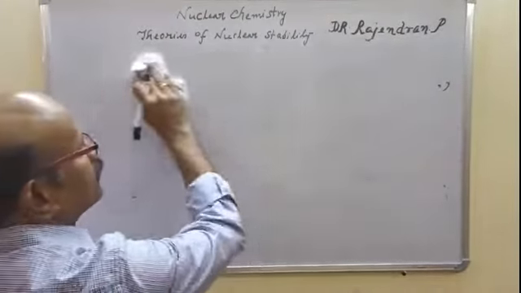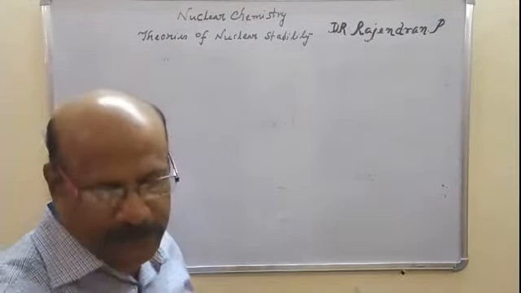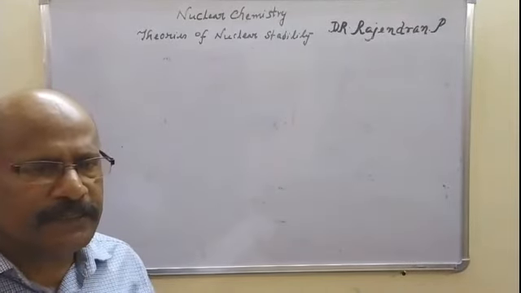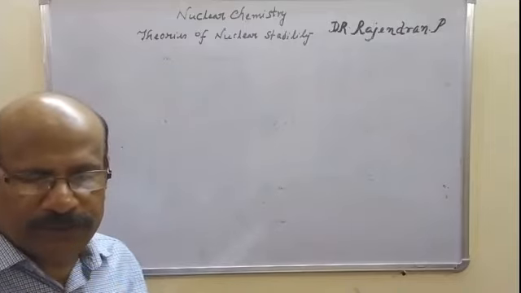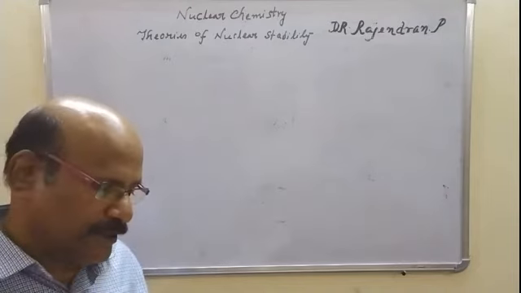I hope that you have followed this theory, you follow my class for this concept. Okay. So very simple theory. You have to analyze that for lighter nuclei the N by P ratio should be 1 for stability, and for heavier nuclei the N by P ratio should be greater than 1 for stability.